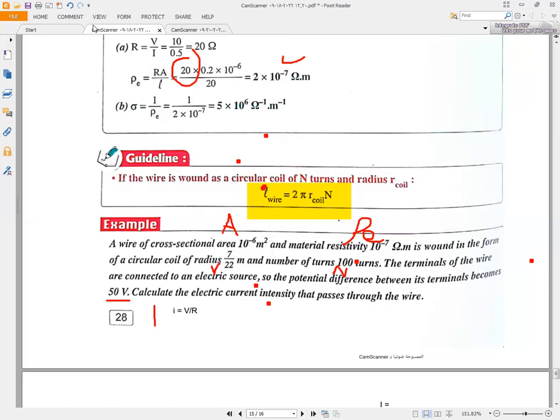How can we calculate R? R will be calculated from the relation rho L over A.